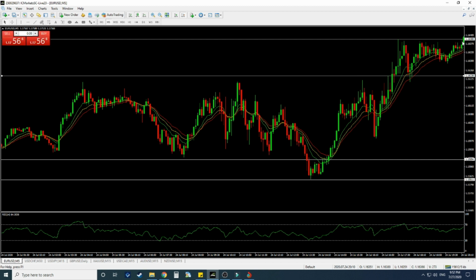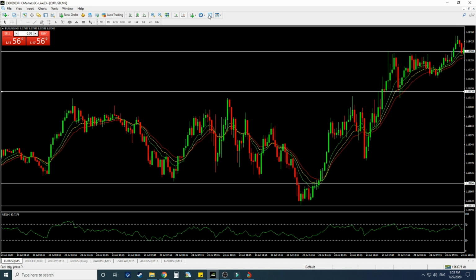Now our pending buy order was executed by this candle. Our stop loss is this one. Let's see. We already gained here, but it went back.